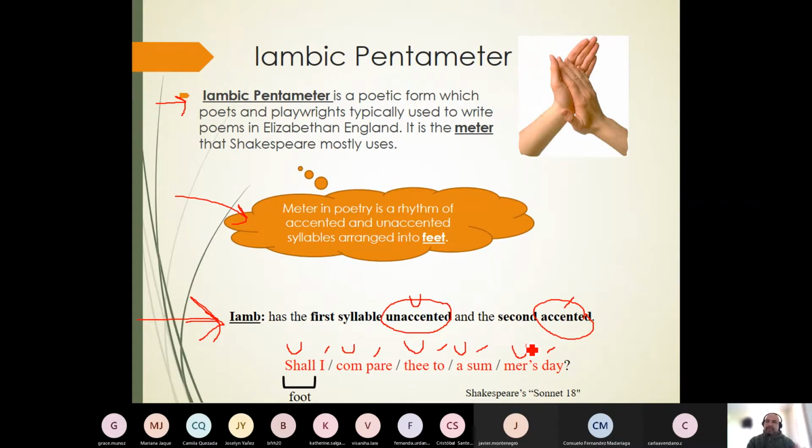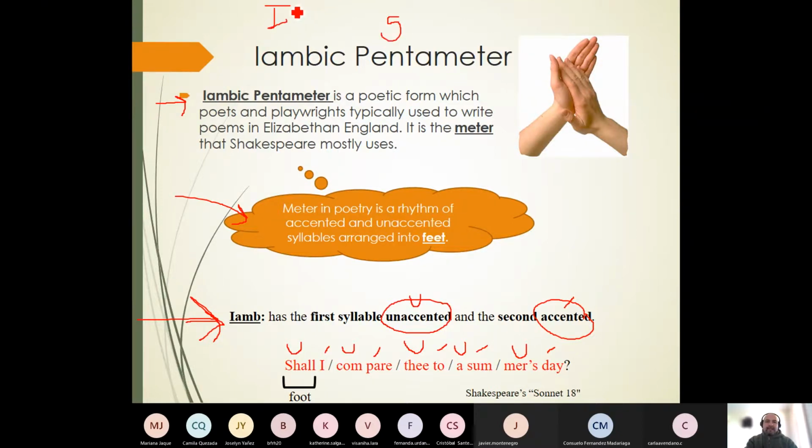Okay, so this was sort of the convention at this time in which sonnets, this type of poems, were written following a specific structure. It's called iambic pentameter because it has 5 iambs.